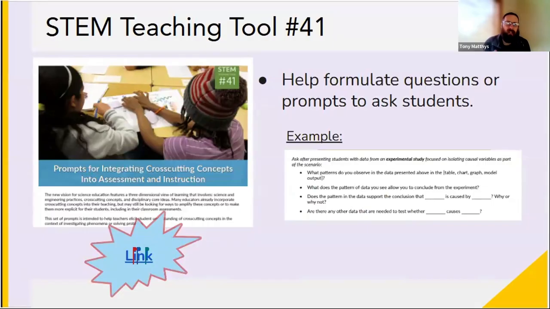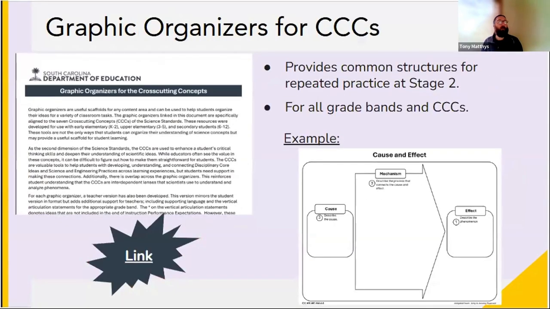My personal take on it is I think it was written maybe a little bit before this shift towards CCCs as a lens happened. So some of those frames might take a little bit more adaptation than others, but it's a really helpful starting point. And then there are lots of other tools out there too. There are these graphic organizers from South Carolina.